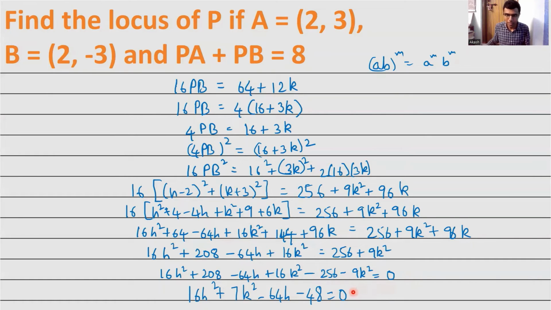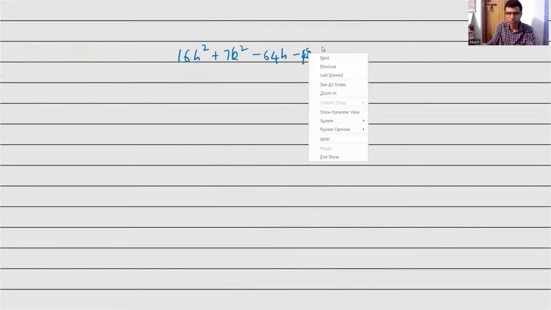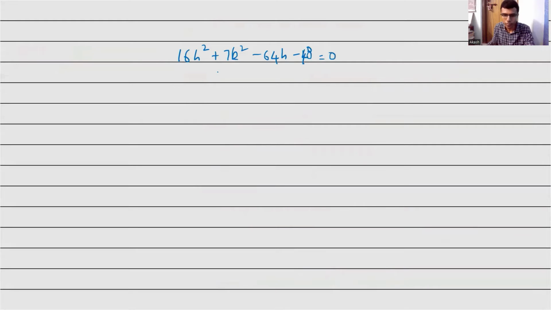Now from here, let us simplify this a little bit more to get this into a good form. Now how, I'll show you. We have 16h square plus 7k square minus 64h minus 48 is equal to 0.